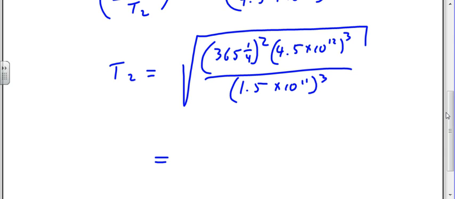Did you cube it? I don't know what I did wrong, but that ain't right, I know that. Way to go, calculator.